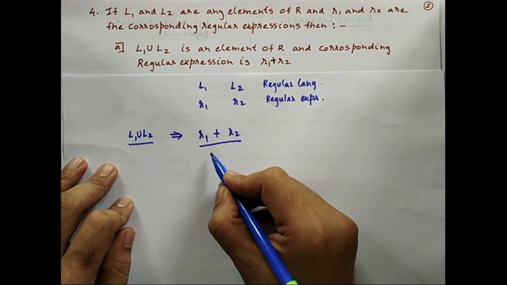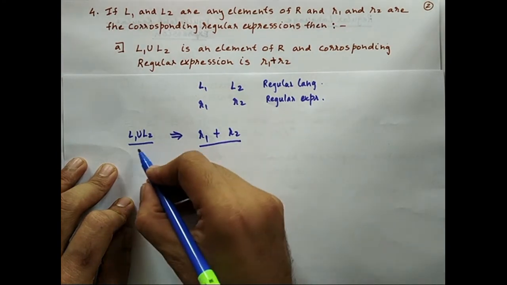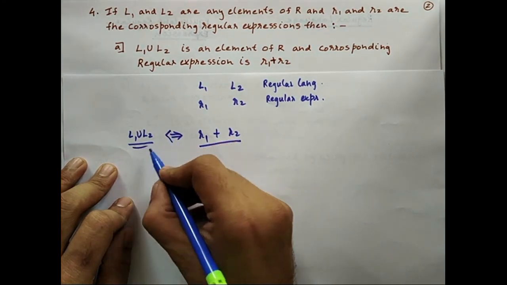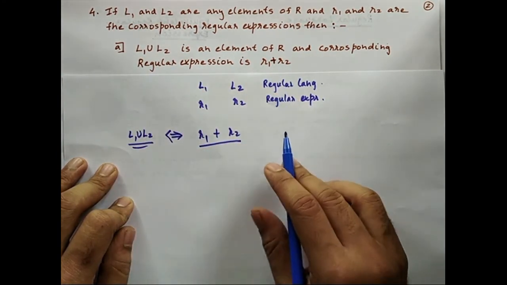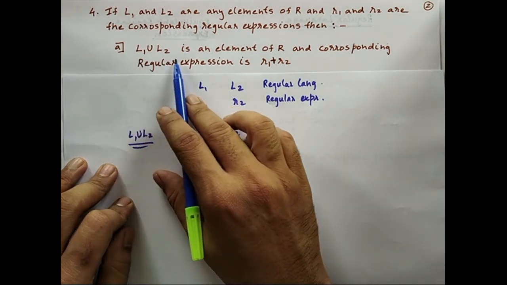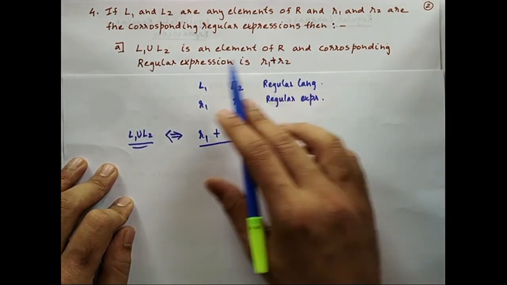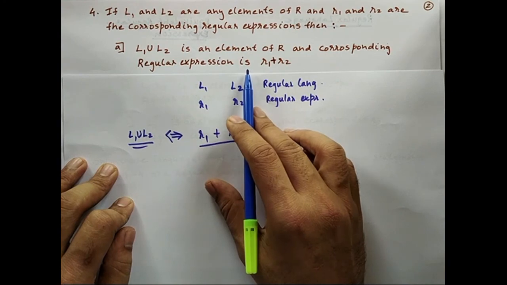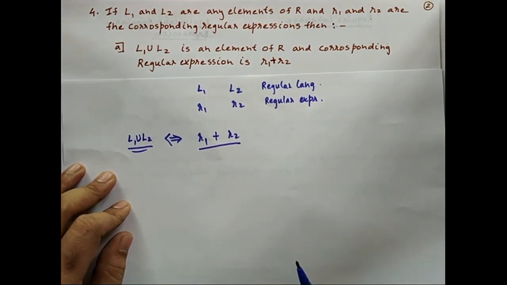So this is the corresponding equivalent regular expression. If L1 union L2 is an element of R, then the corresponding regular expression is R1 plus R2.